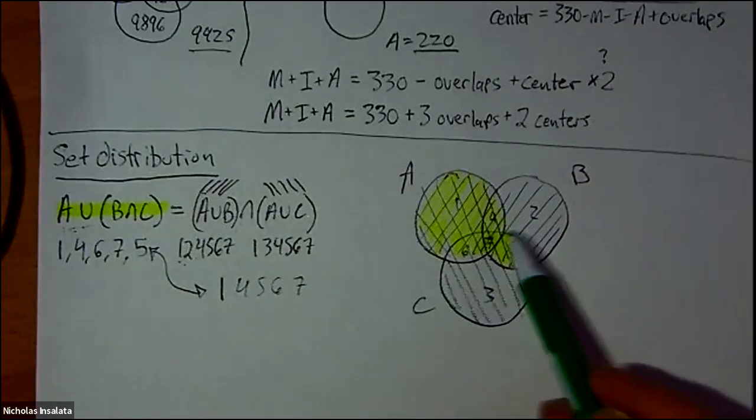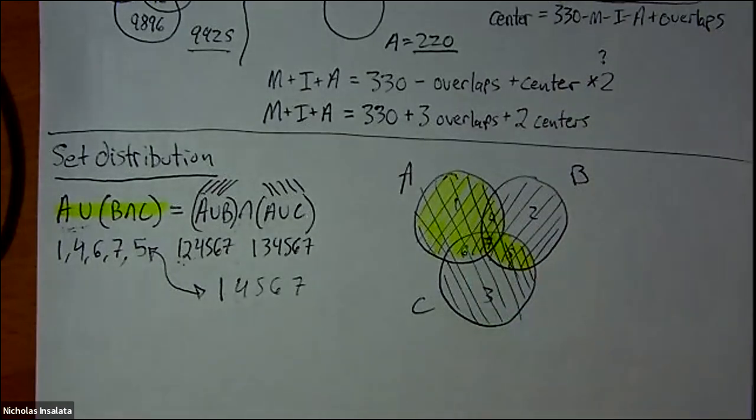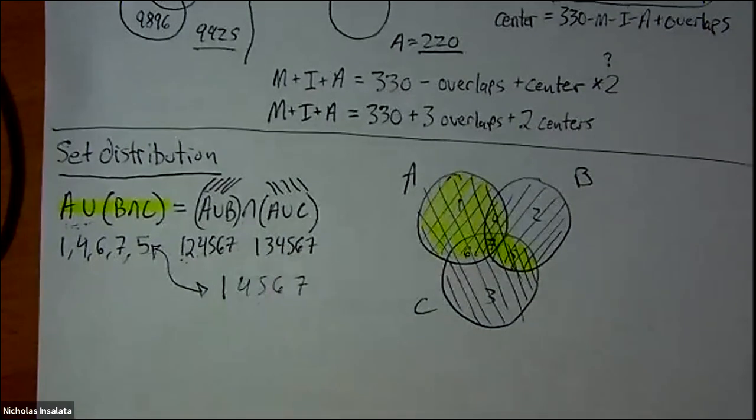You can see that the cross-hatched section is exactly the same as the highlighted section. So there's another, more visual way of thinking about it rather than numbering all the sections. What do you guys think? Does that all make sense? Any questions?